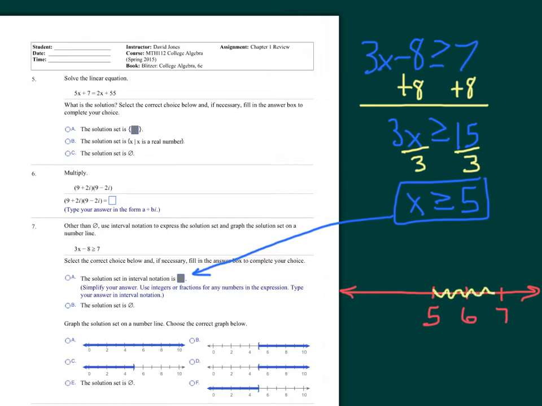Anytime it's greater than or equal to, we're going to use a bracket at 5, just to indicate that it could be 5. If it were x is greater than 5, we'd just be using a parenthesis at 5 and then highlighting everything greater than 5 from there. So this one is actually going to be B.